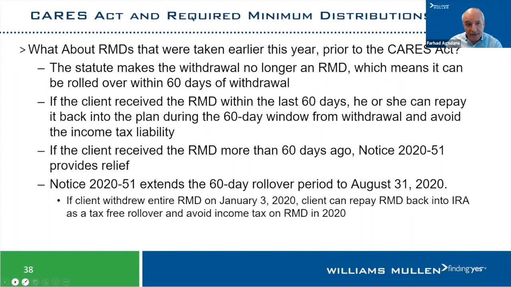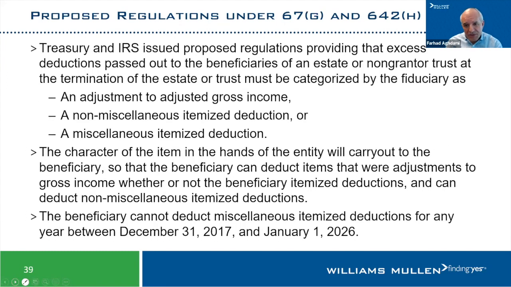The service also issued some regulations dealing with excess deductions. You may recall that in the 2017 Tax Act, they eliminated, at least temporarily, the miscellaneous itemized deduction for business expenses, subject to the 2% floor.